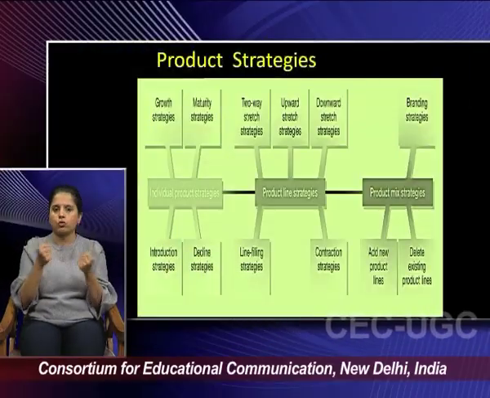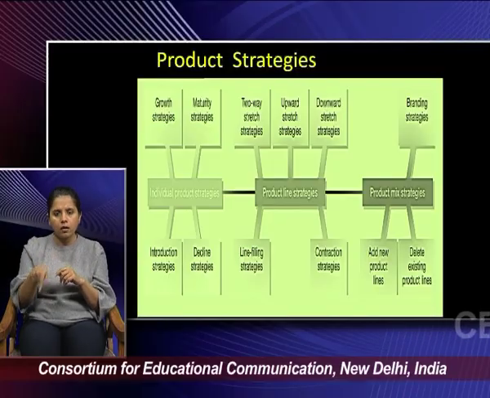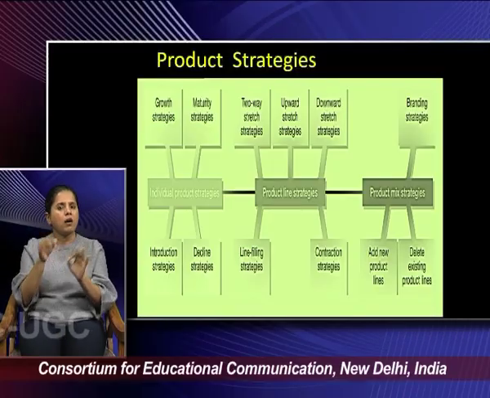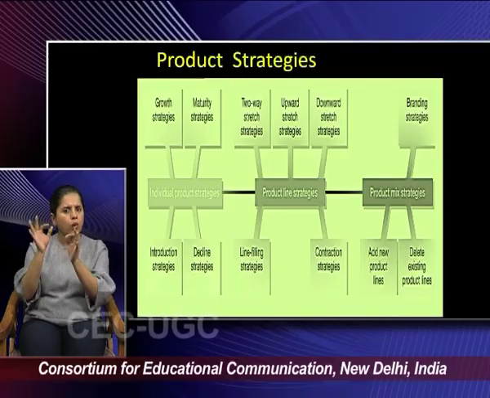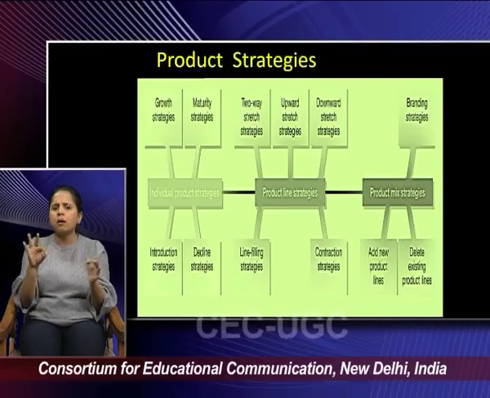When we find a product in the market, we assume that it is so easy to introduce a product, that the marketer is simply manufacturing and selling it to us.